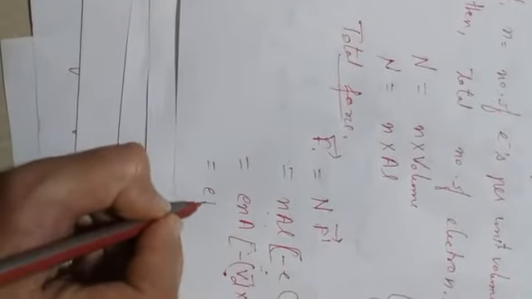That is why we write n e A Vd into length into magnetic field.